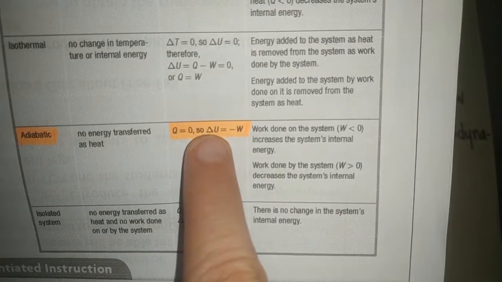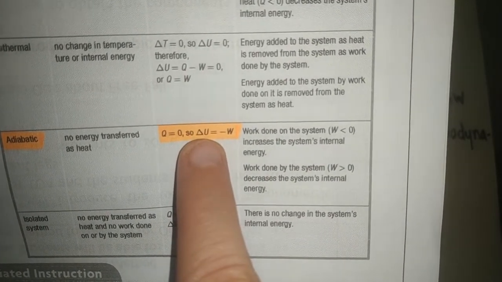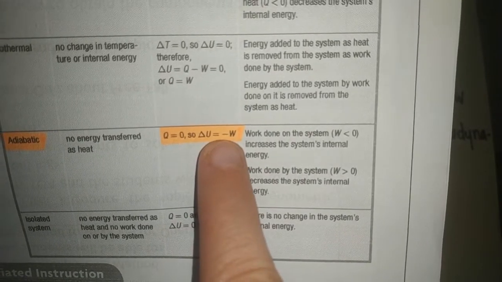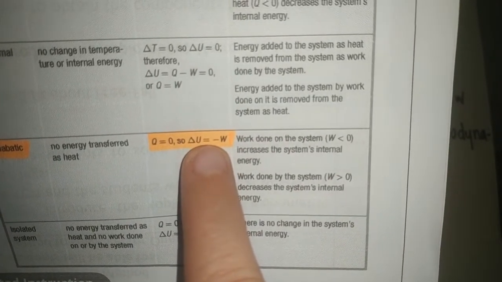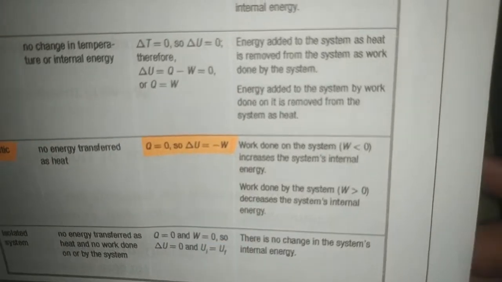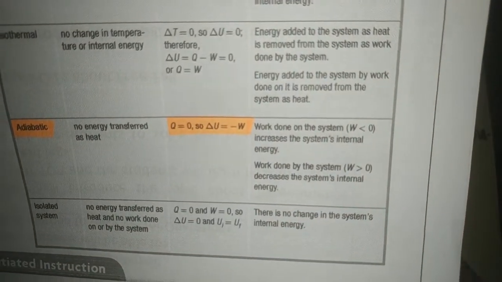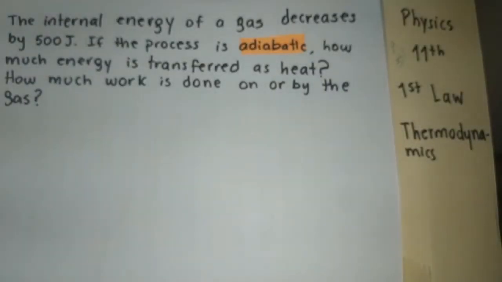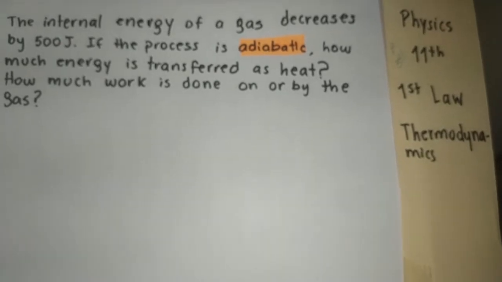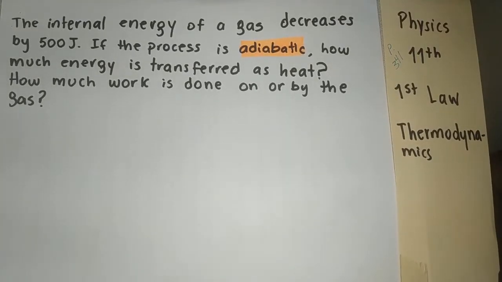So the change in internal energy delta U will be equal to the work in negative, so negative W. Now, this is the condition that we have to care about in this exercise because it says there is an adiabatic process. Now, from this problem, we have to take the givens.